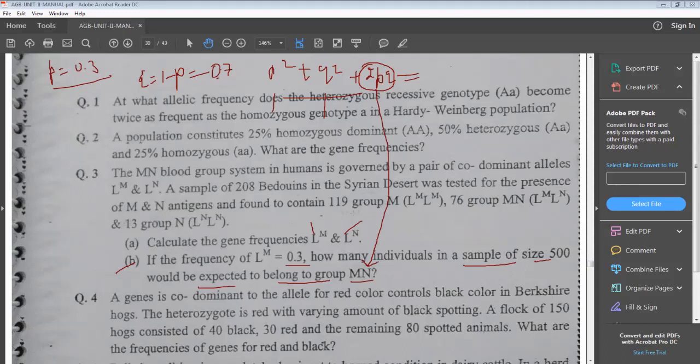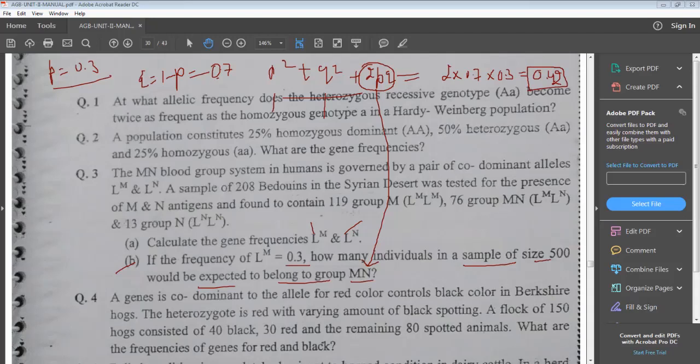So 2 multiplied by p, what is the value of p? That is 0.7, and the value for q is equal to 0.3. So that will give us the overall value, that is 0.42.